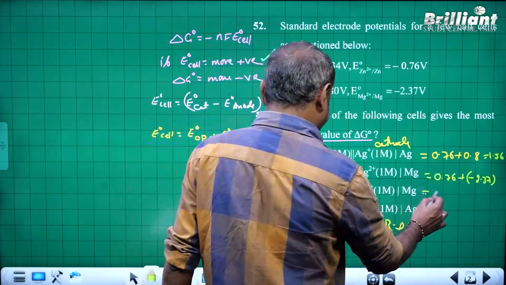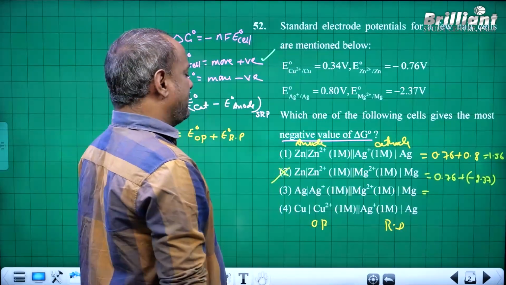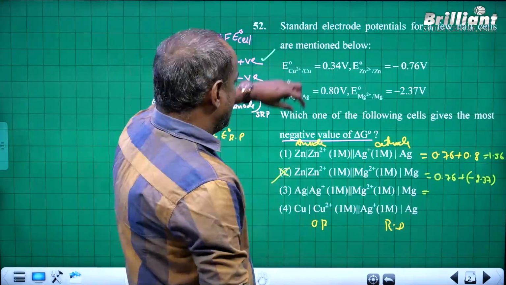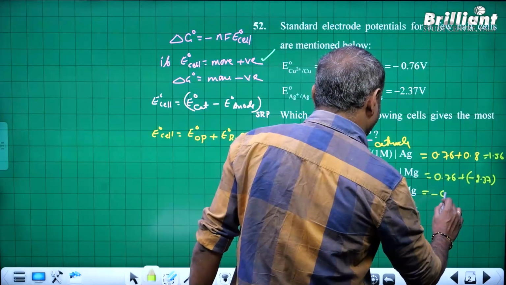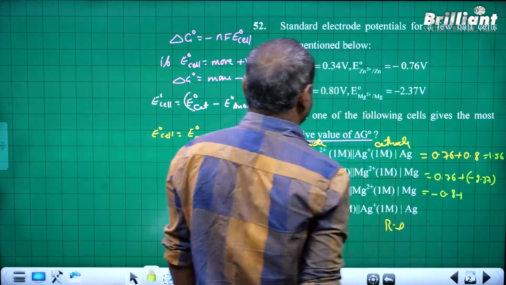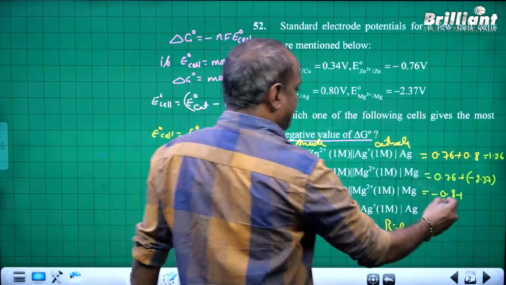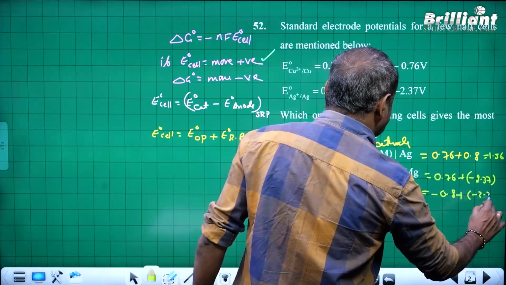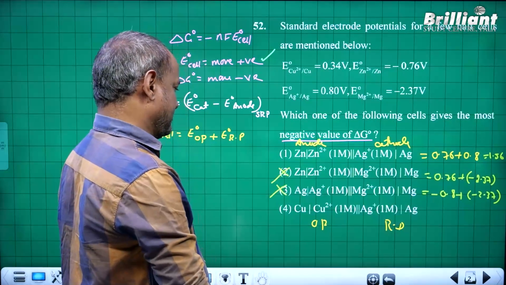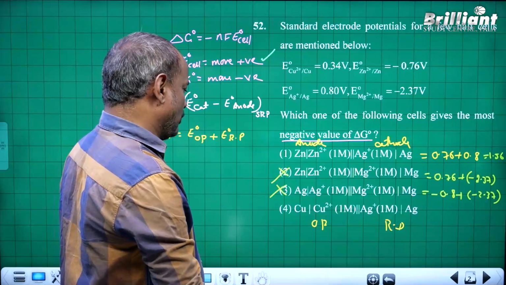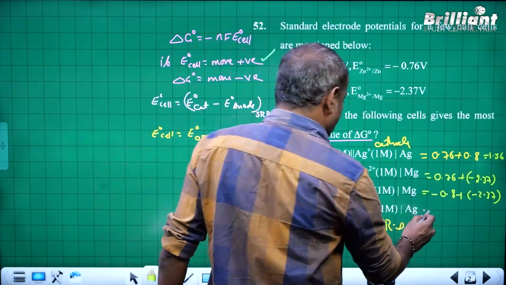Next, third one, silver OP magnesium RP, OP reverse minus 0.8 plus RP same minus 2.37. This also negative sign, non-spontaneous. Last one, copper OP silver RP.